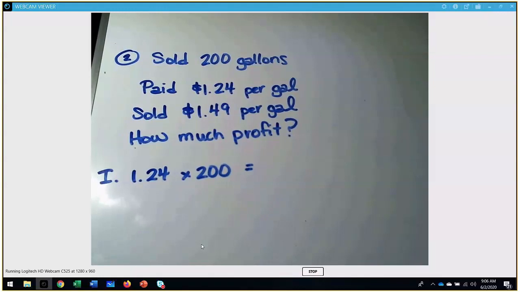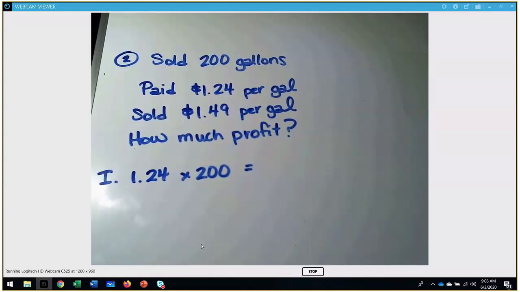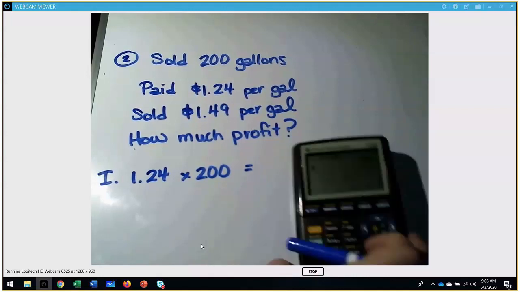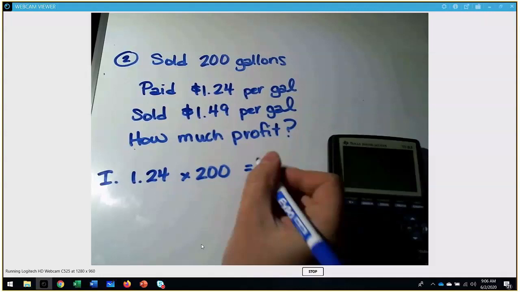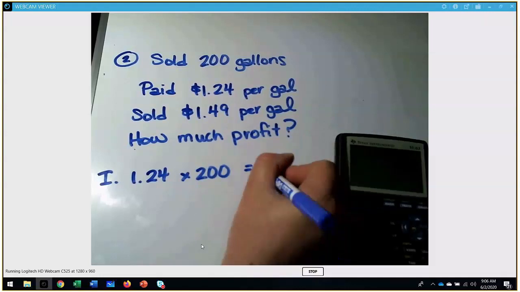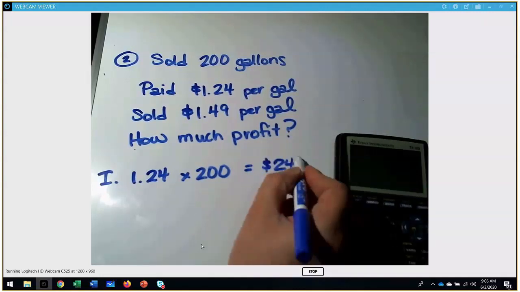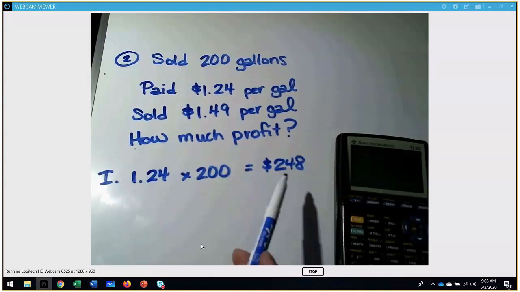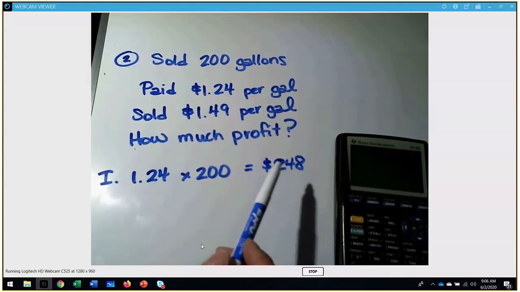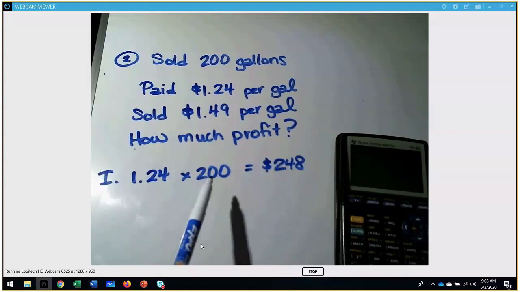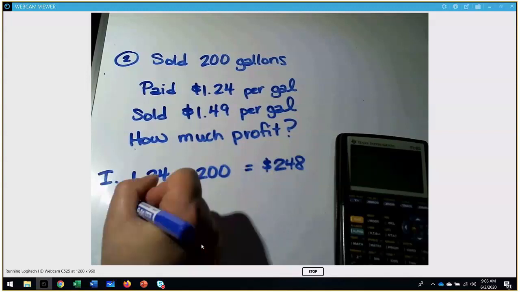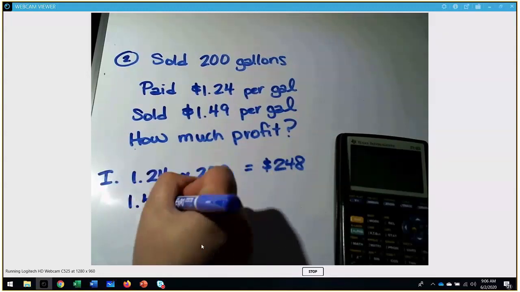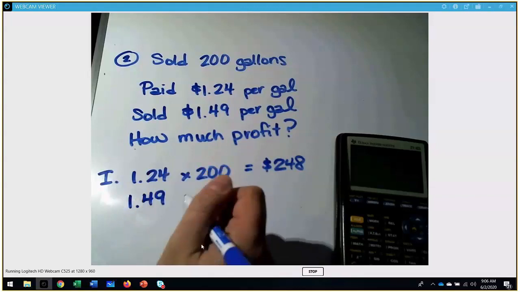So $1.24 times 200 is $248. That's their upfront cost. Then they turned around and sold the same 200 gallons to customers for $1.49 each.